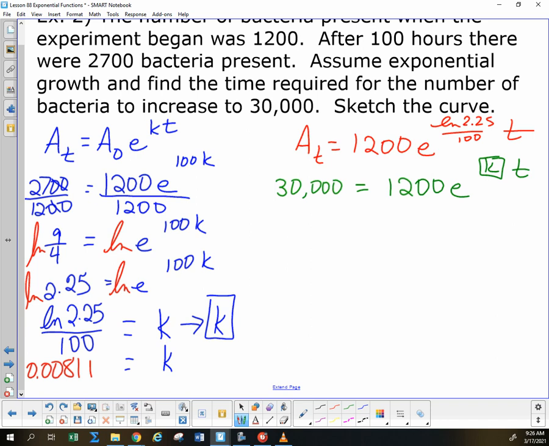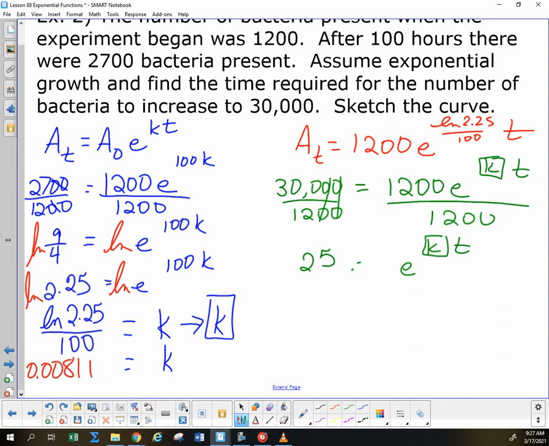So divide by the 1200, and we have e to our stored kt is, what is 30,000 over 1200 reduced to? 25?